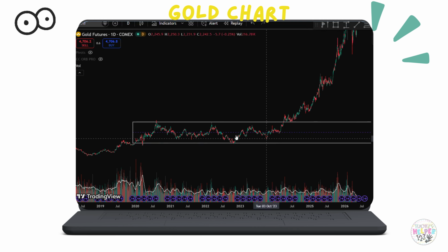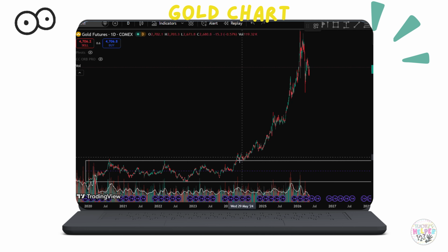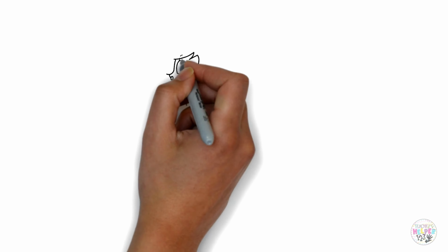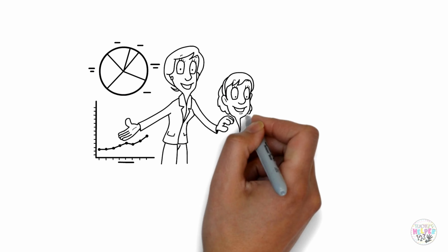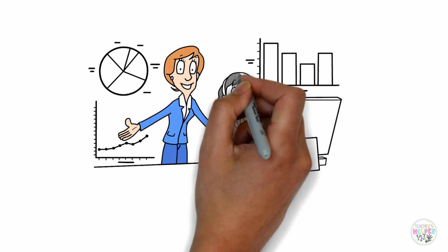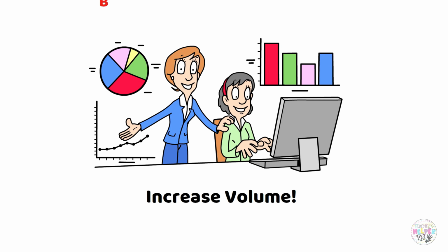Chart, and it consolidated for four years, January 20th all the way to 2024, and this move right here is the breakout. A breakout can happen when buyers become stronger than sellers. Traders often watch for strong candles and increased volume during breakouts. So just remember that a breakout is breaking through the resistance or through the ceiling.